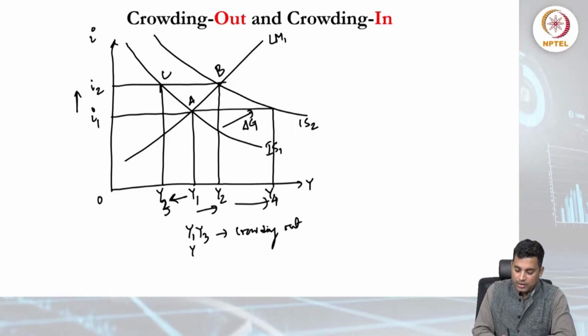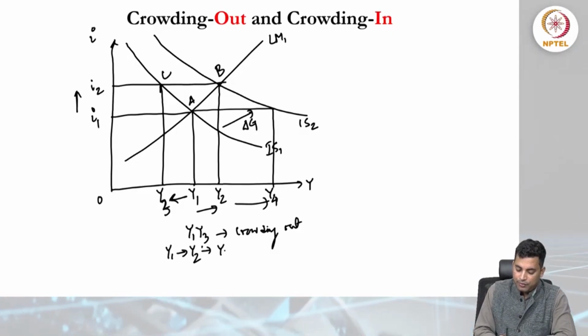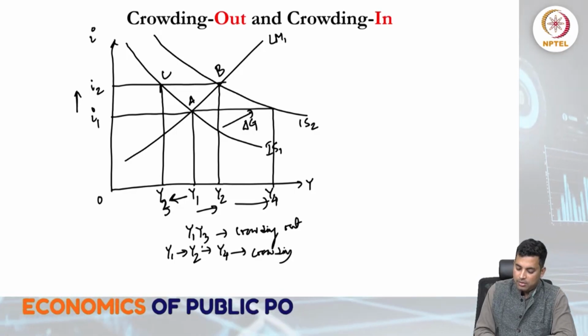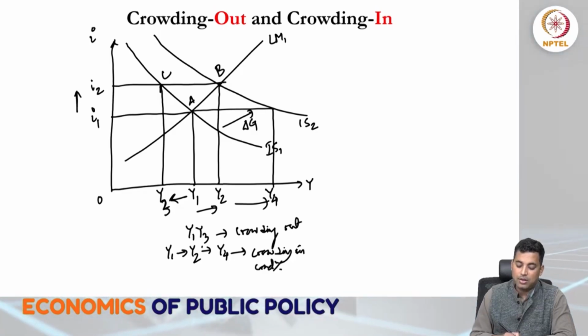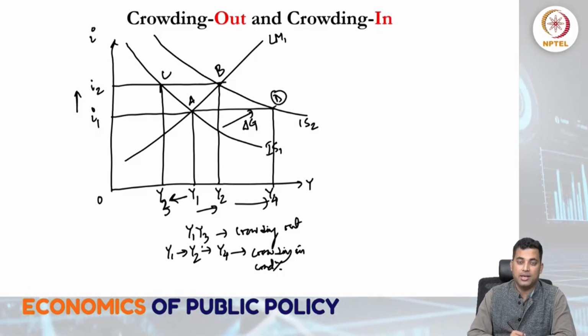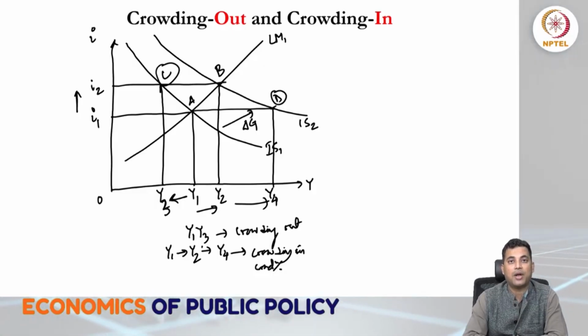So of course Y1 to Y2, then Y2 to Y4 is basically crowding in conditions. So here, another point is D. Point D is the crowding in condition, and point C is the crowding out condition.